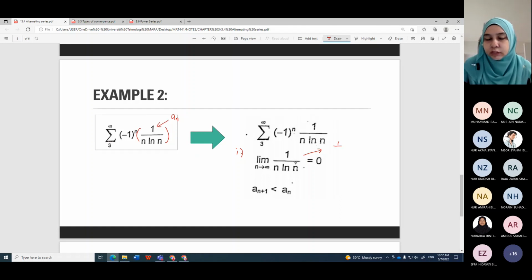We substitute n approaching infinity into this function, and we have 1 over infinity, which is equal to 0. Then we proceed to prove the second condition: a sub n is greater than a sub n plus 1.